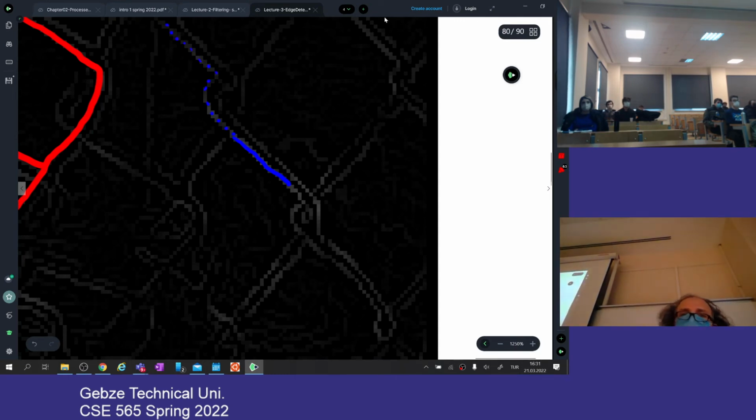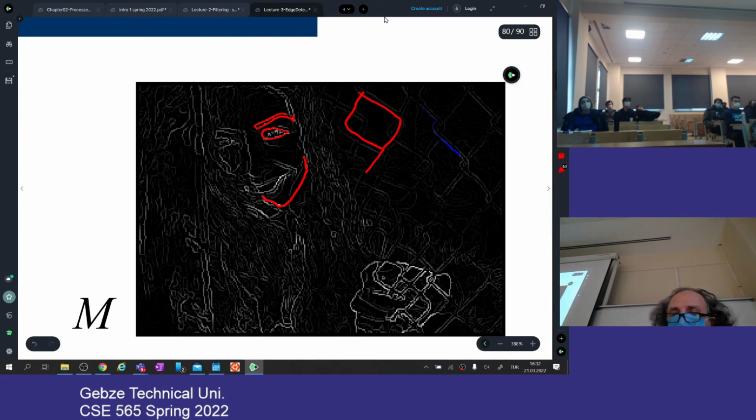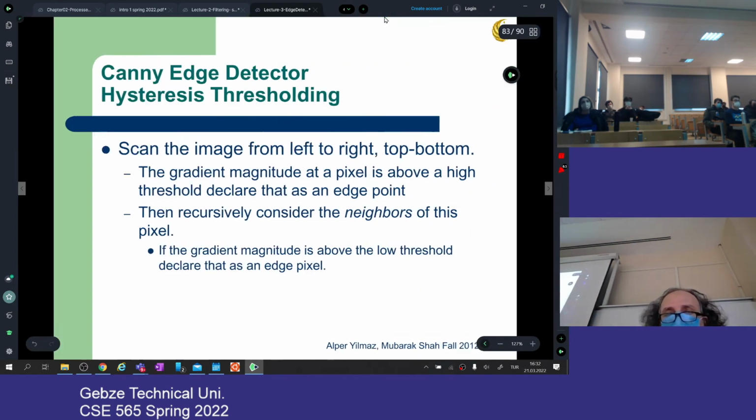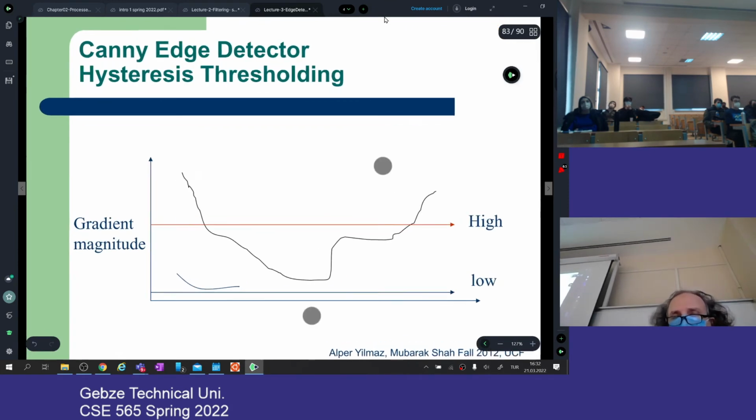So I will consider them as edge pixels. So your connected neighbors are kind of saving you from elimination. You might be a low magnitude edge, but you are connected to a high magnitude edge point. If I know that, then I will keep you in. That's called hysteresis thresholding.